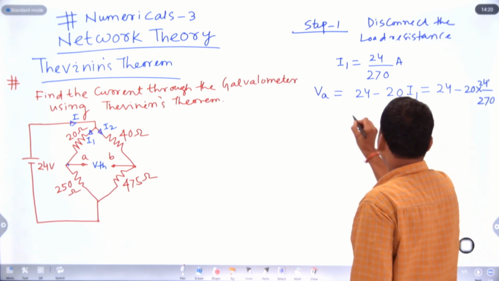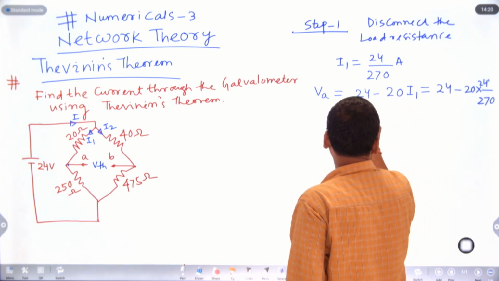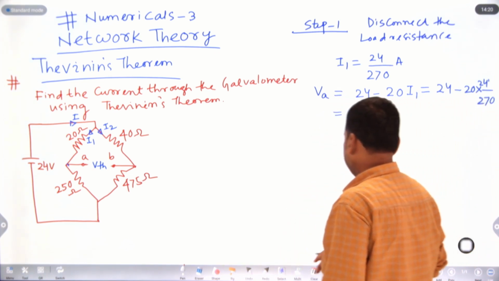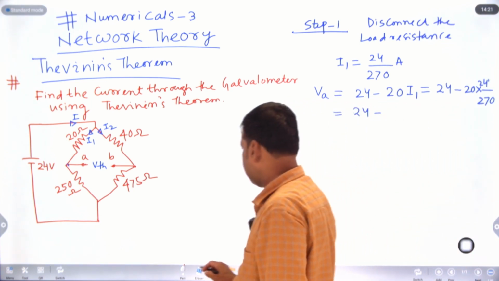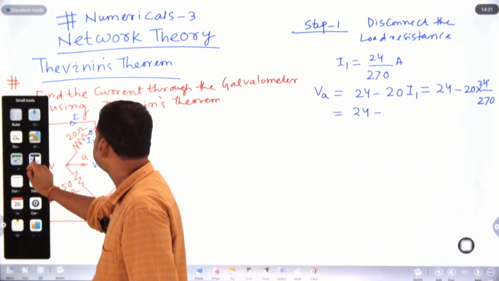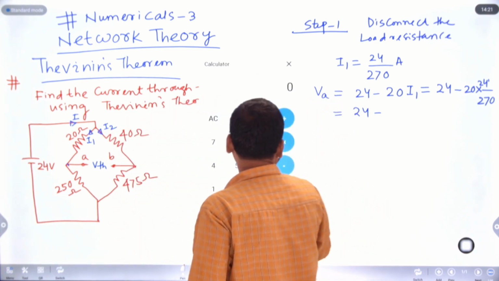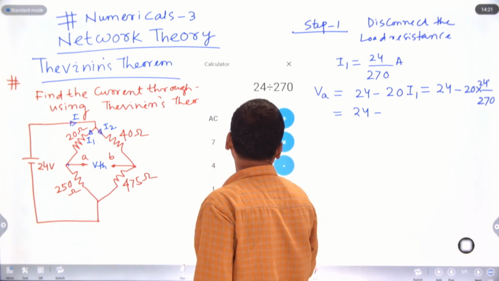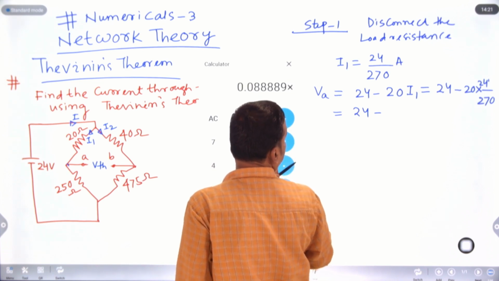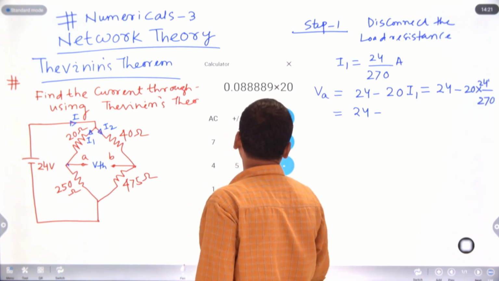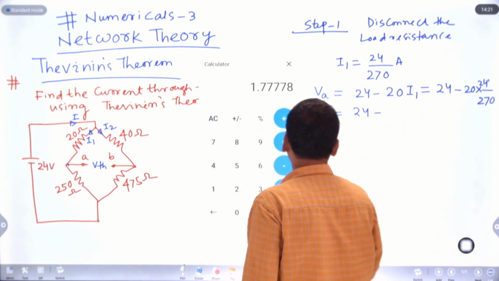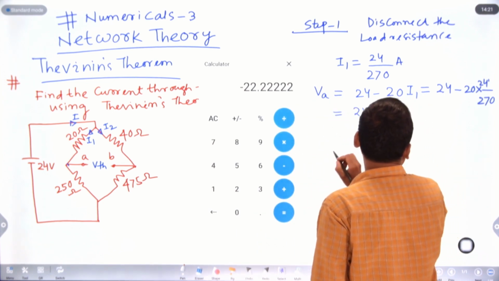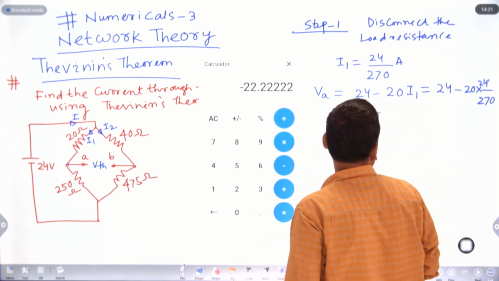Let us find the value using the calculator. 24 divided by 270, multiplied by 20, and then 24 minus this value comes to around 22.22.